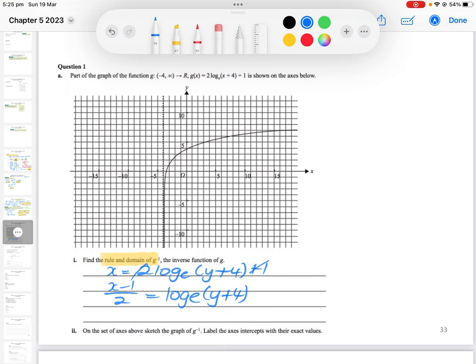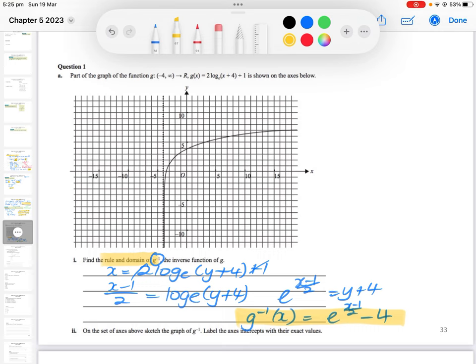So that would mean that e to the (x minus 1) on 2 equals y plus 4. So subtract the 4. The inverse function, g to the minus 1 of x, because that's what we're asked to find, is equal to e to the (x minus 1) on 2, take 4. So that's the first thing.